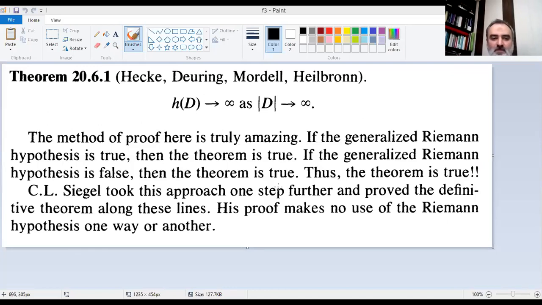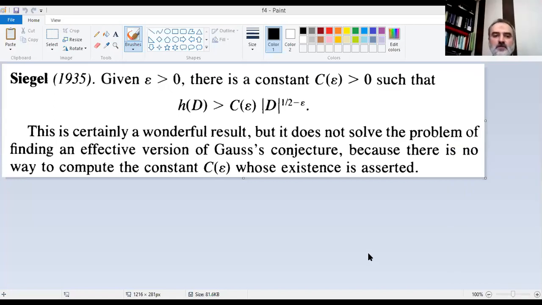Now, Siegel, in the next step, without using the Riemann hypothesis, solved the problem. In 1935, he proved that for any positive epsilon, there is a constant such that the class number of Q of the square root of negative absolute value of D is greater than c of epsilon times the absolute value of D to the power of a half minus epsilon.